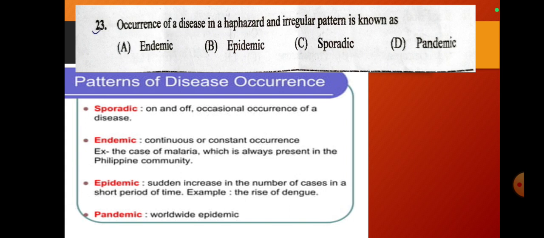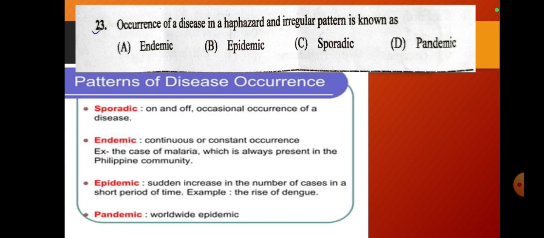Sporadic means on and off, occasional occurrence of a disease. Endemic means continuous and constant occurrence. The example is malaria, which is always present in the Philippine community. Epidemic means sudden increase in the number of cases in a short period of time.